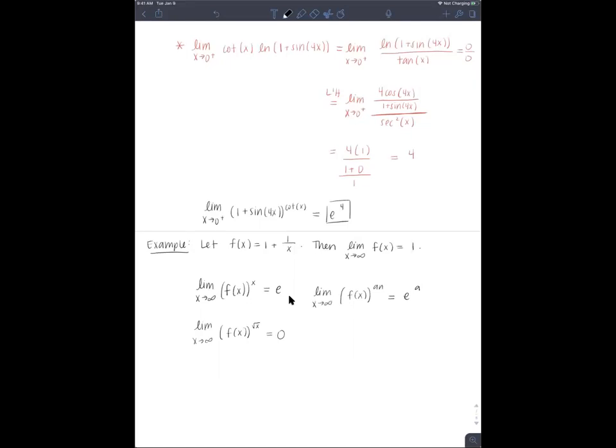And then the last one is if you have f of x to the power of n squared, you're going to get infinity.